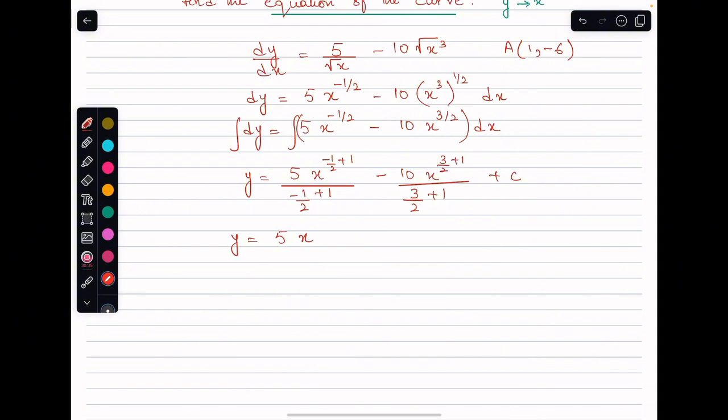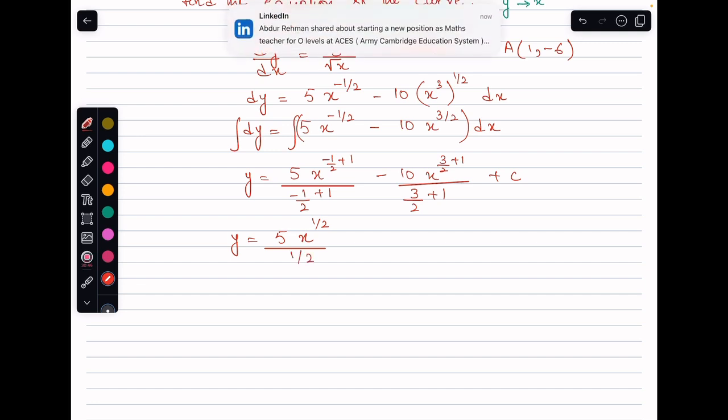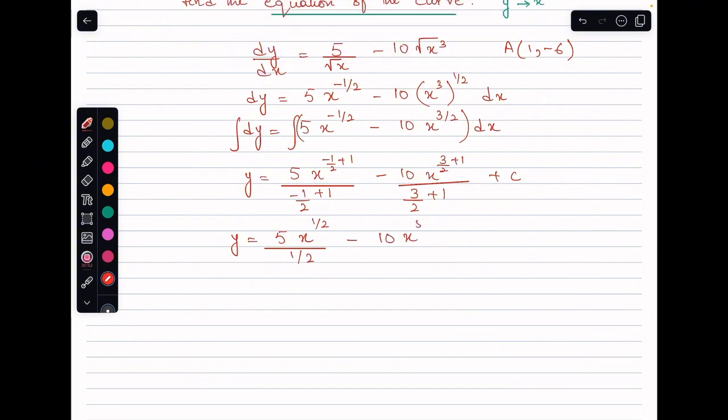So with that, my equation becomes 5x to the power negative 1 by 2 plus 1, that gives me a positive 1 by 2, divided by negative 1 by 2 plus 1, which is 1 by 2 again. And then here I have minus 10x to the power 3 by 2 plus 1, that is 5 by 2, in the denominator also 5 divided by 2, and then the constant here.